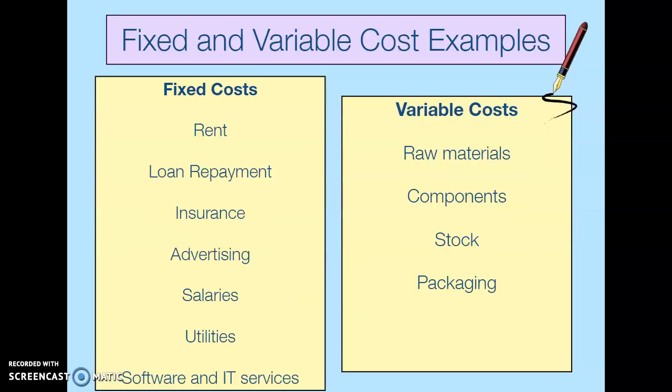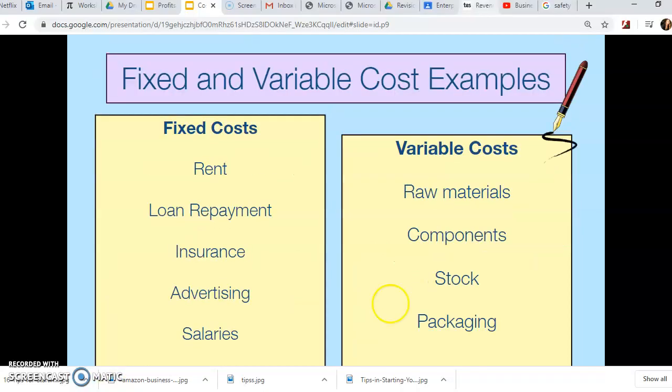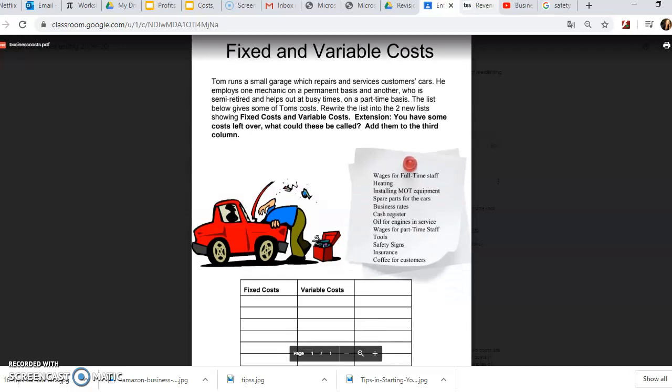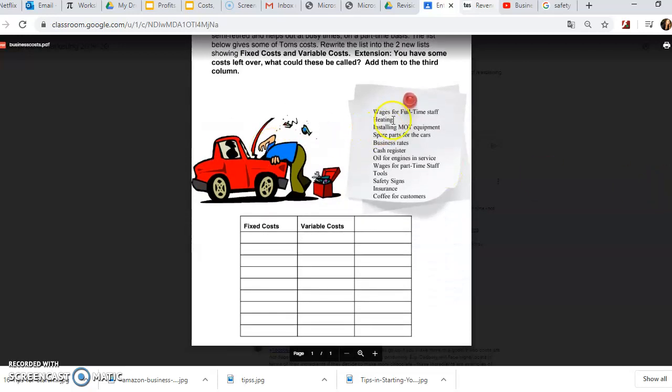Now, before we look at this, I wanted to have a look at the exercise that I gave you on Friday. You were asked to class these goods in these columns, but there was a bit of room for ambiguous categories that were not so easy to class as fixed or variable costs.